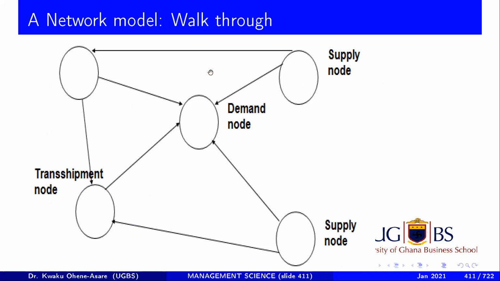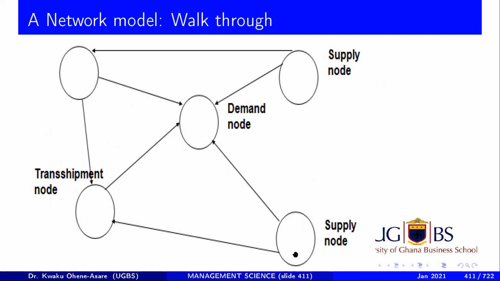This is a typical diagrammatic representation of everything I'm saying. Watch the arrows carefully, because it's not just the lines but the arrows as well. If you look at a demand node, the arrows are entering into it. It is not giving out, and there is no arrow leaving this demand node.